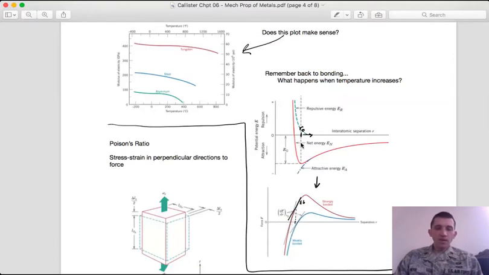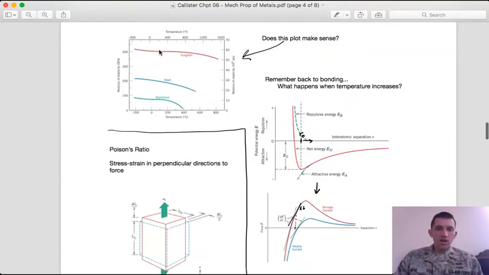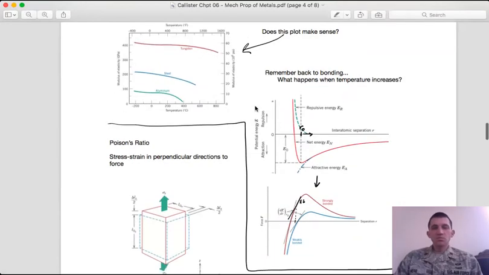Well, if I increase the temperature and shift that equilibrium spacing slightly to the right, to longer separations, now I'm looking at the slope not here at 0, but a bit further out. And you can see that as I increase separation, my slope is slightly decreasing as I go up this curve, which tracks with this slight decrease as I go up in temperature.